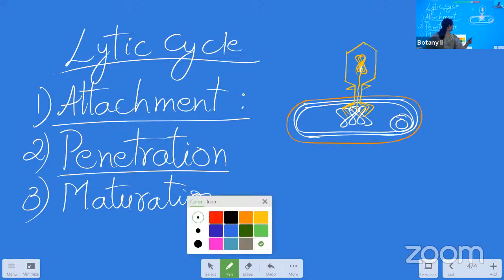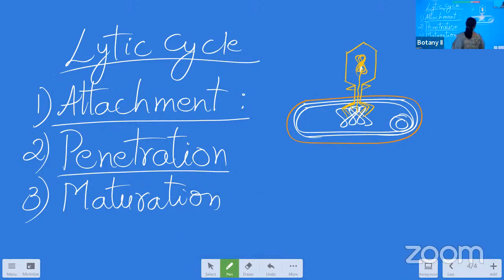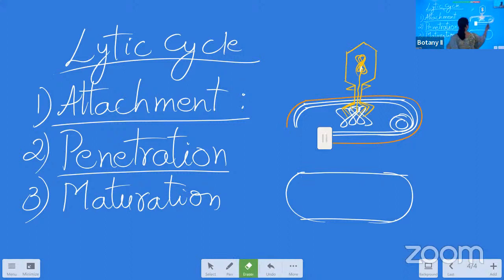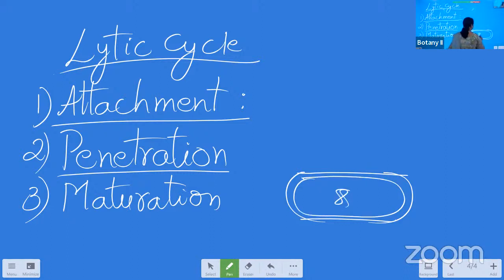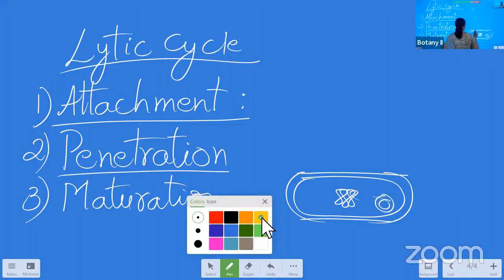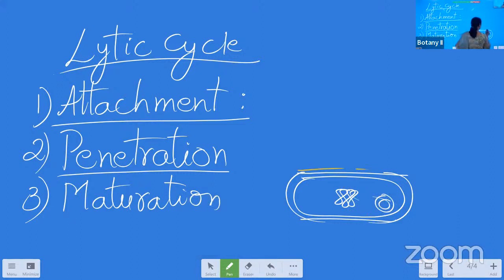Now what happens? The bacteria which is present like this, having its own genophore and the plasmid DNA, and having the mucilaginous layer.